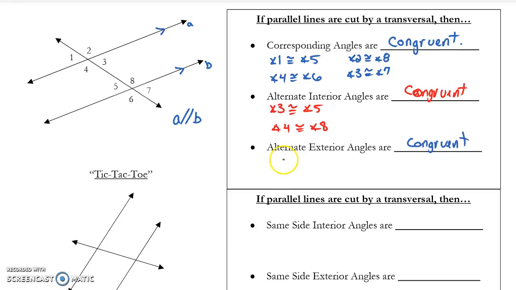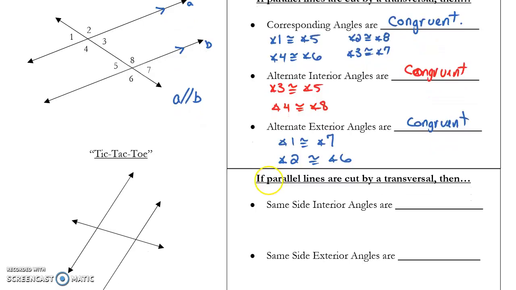In this diagram, that's angle 1 congruent to angle 7 and angle 2 congruent to angle 6. So being able to identify corresponding, alternate interior, alternate exterior is really important. And then understanding that if my lines are parallel, then I can conclude that those angle pairs are congruent.